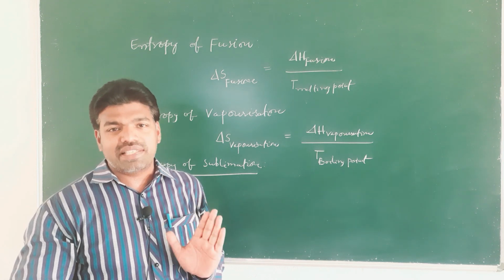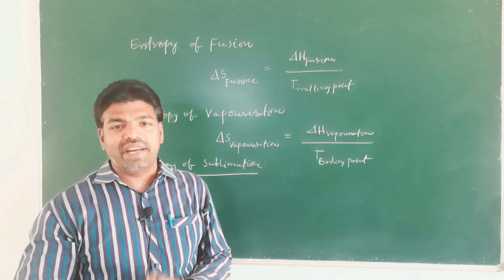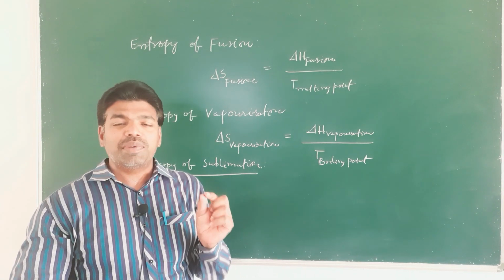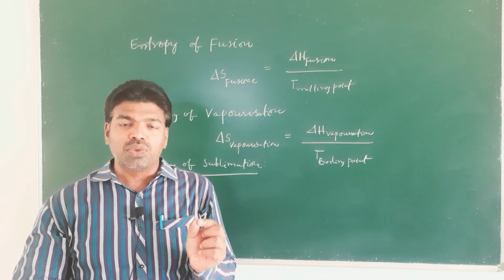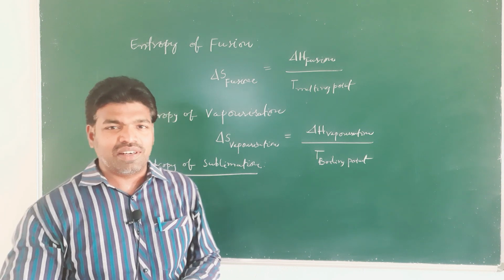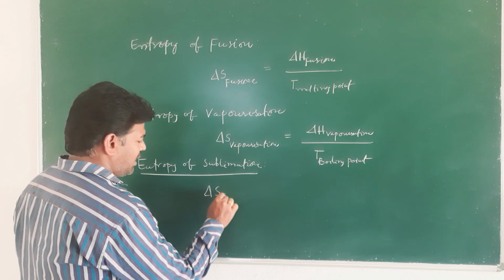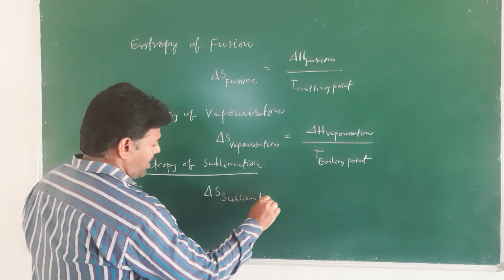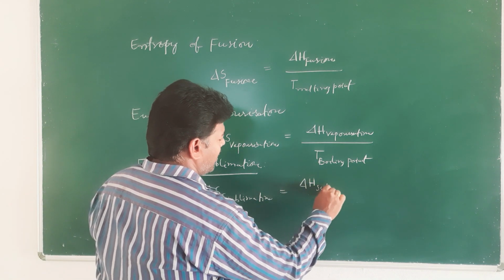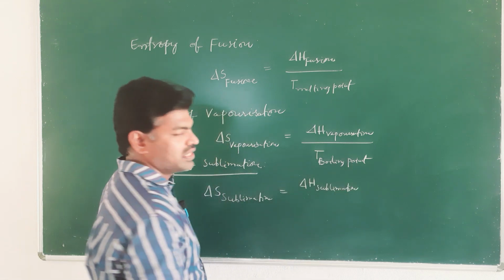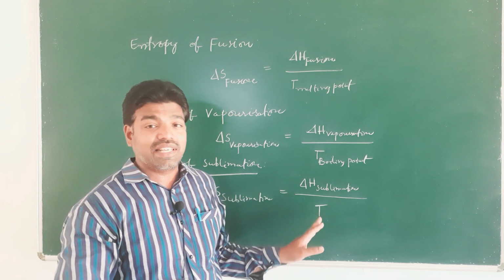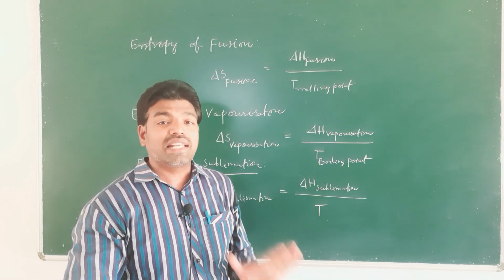And the entropy change for sublimation, delta S sublimation, can be calculated using the formula delta H sublimation, that is, the heat involved during the sublimation process, divided by the temperature at which sublimation takes place.